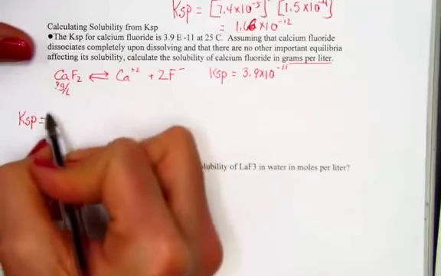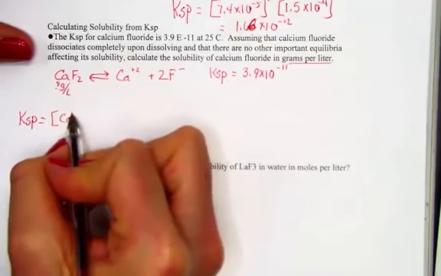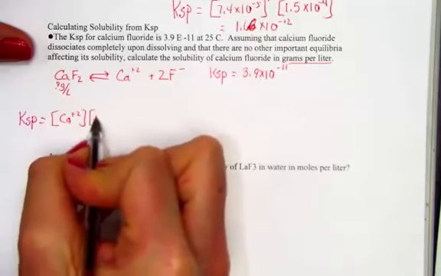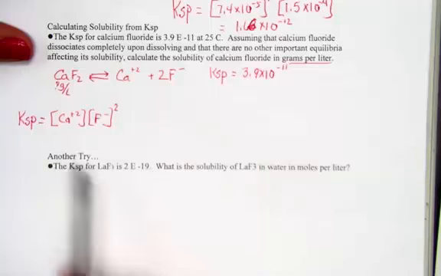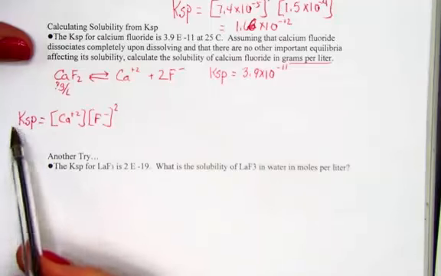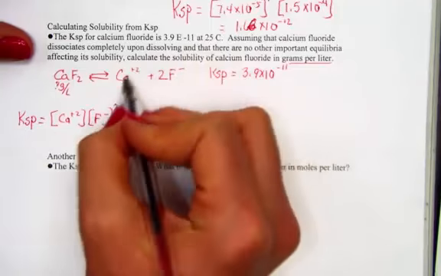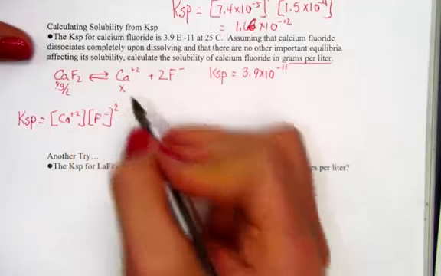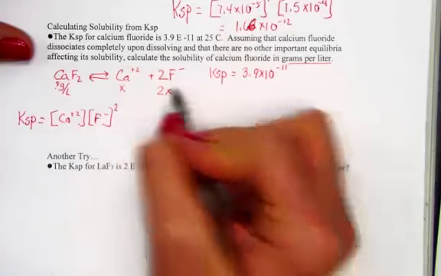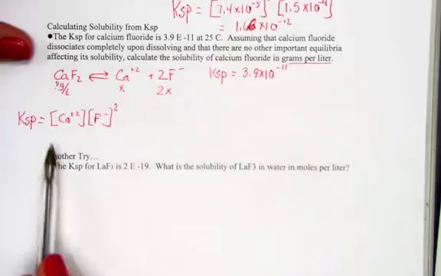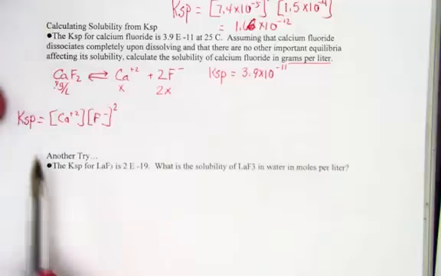If the KSP is indeed the concentration of the calcium ions in solution times the fluoride ions in solution squared, and this value is provided for us, why don't we call the value of calcium ion x and the value of fluoride ion 2x. We can set that equal to the known KSP value.